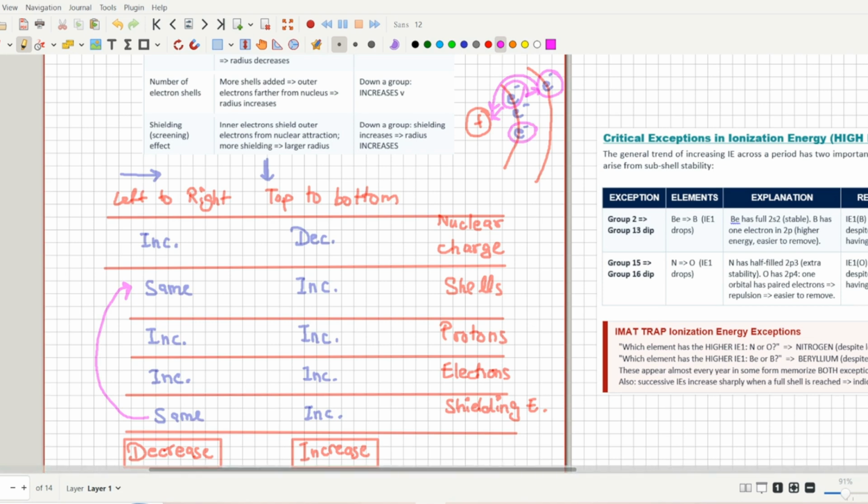For example, these two electrons are present in the same shell, so will they have effect in the same shell? No, they can't repel each other in the same shell, because if two electrons are in the same shell, they are like in a relationship with each other, they are attracted to each other, they are overlapped and they are rotating around each other.